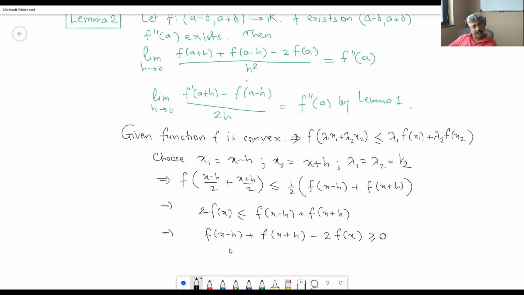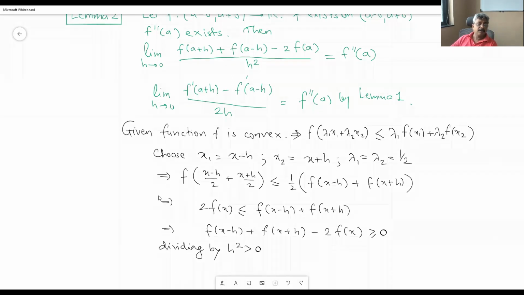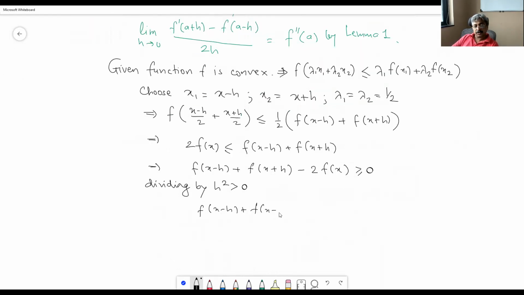And if I divide this by h square, as h square is greater than 0, I am not changing anything, and therefore I get f of x minus h plus f of x plus h minus 2 f of x upon h square is greater than or equal to 0.